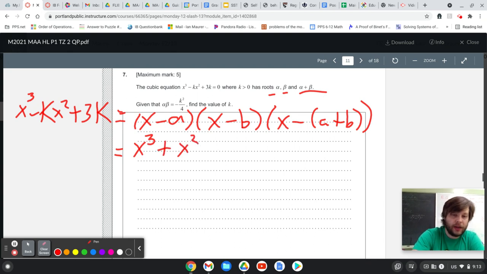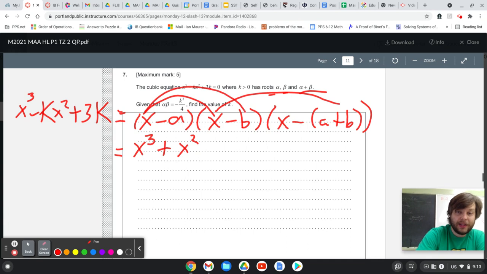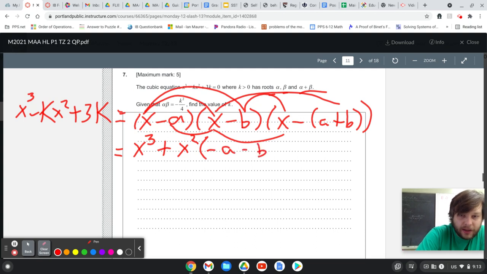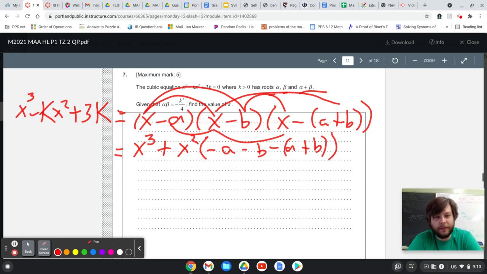Well, I could get x squared if I did x times negative (a plus b), or if I did negative b times x, or if I did negative a times x. And so if I factor those out, I have a negative a, a negative b, and a negative (a plus b). That's the coefficient of x squared.